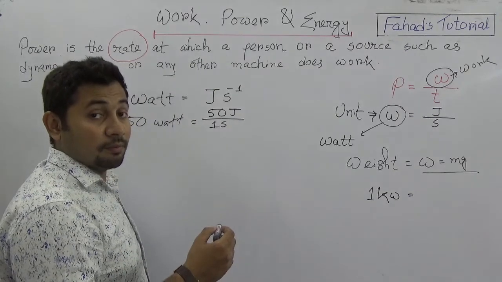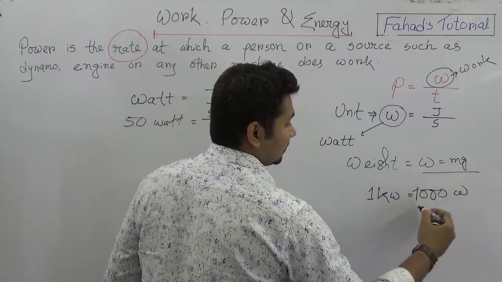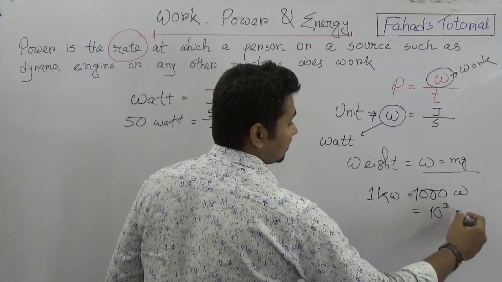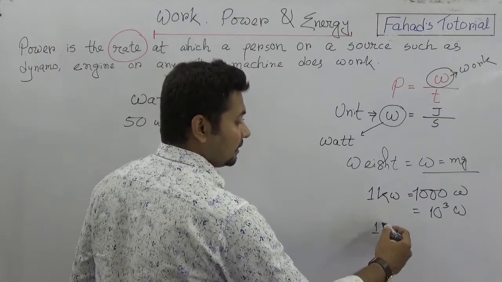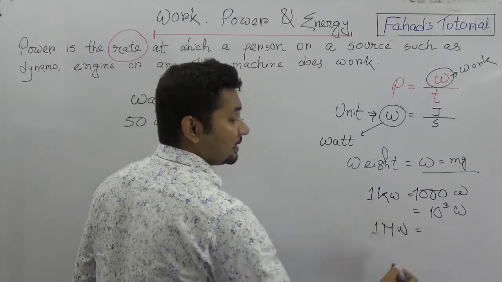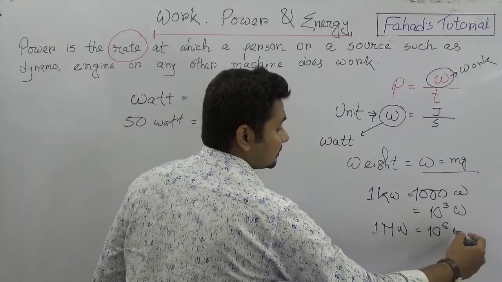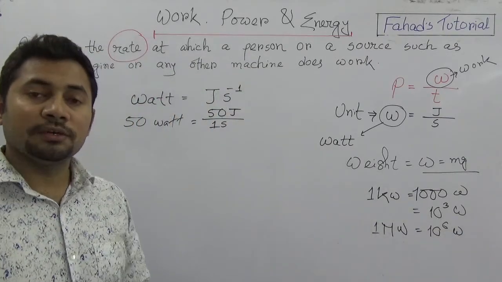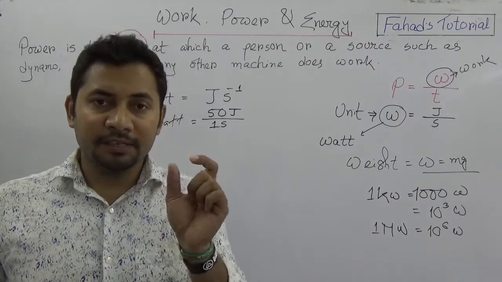Kilowatt is about 1000 watt, we can say 10 to the power 3 watt, or even we can express 1 megawatt. So we say that mega is 10 to the power 6 watt. In your physics book you definitely studied about prefixes.